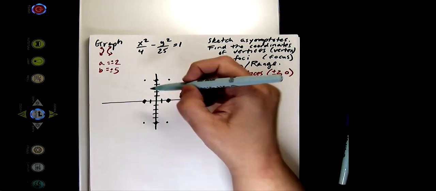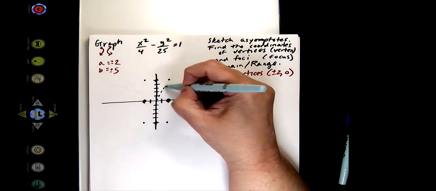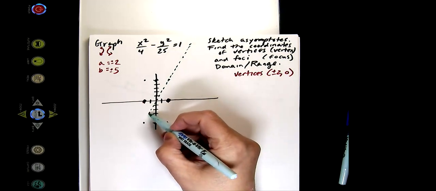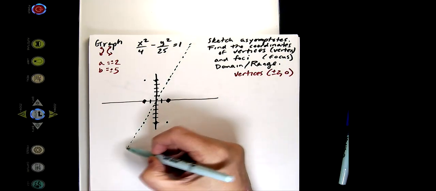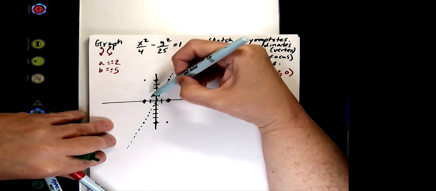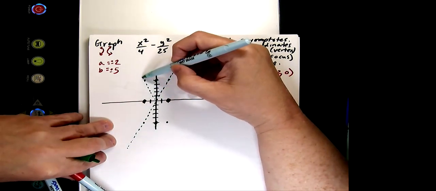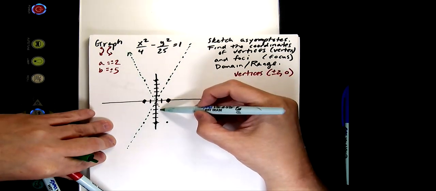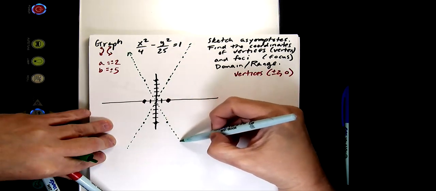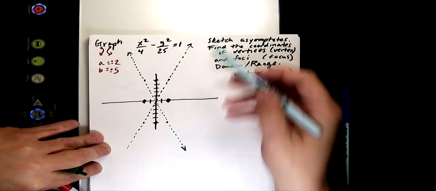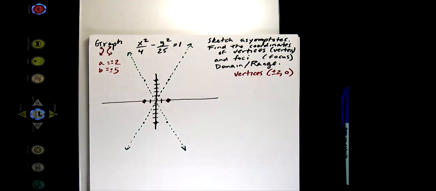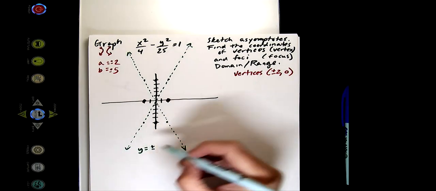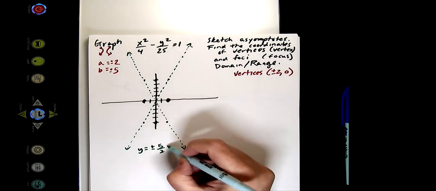So I put in my corners for my asymptote. I'm just going to sketch them. These are y equals plus or minus b over a, which is 5 over 2 x.